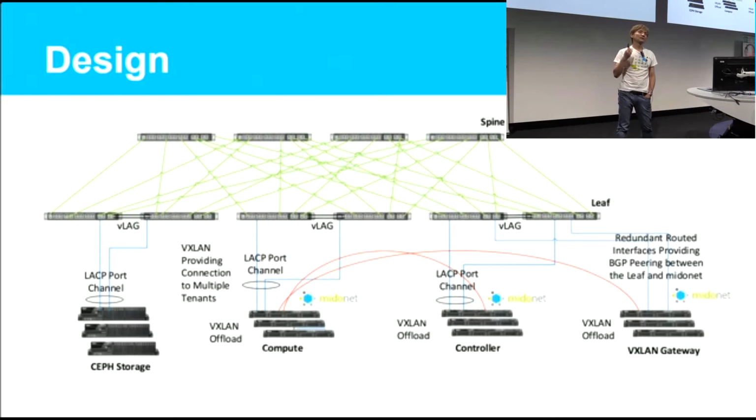Because we don't need expensive hardware, we just need a leaf and spine layout with ECMP. Like I said, computation is done at the edge. When a packet comes in and there's a flow cache miss, meaning the flow is not in the Open vSwitch kernel module table, there's a netlink upcall to the Midonet agent, which does all the simulations and computes the flow to install.